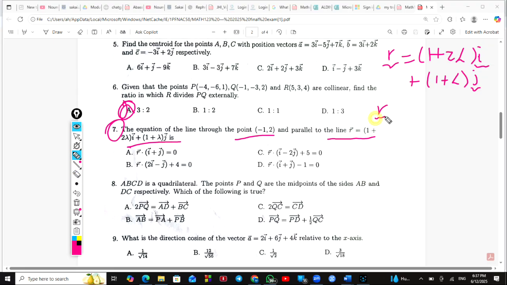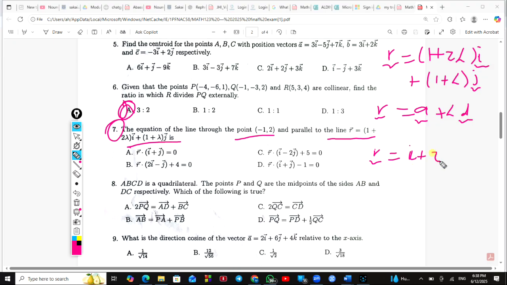It should be in the form some vector plus lambda multiplying the direction vector. This is the general form, the vector form of an equation of a line. So let's regroup this to be in this form. So you can have what?